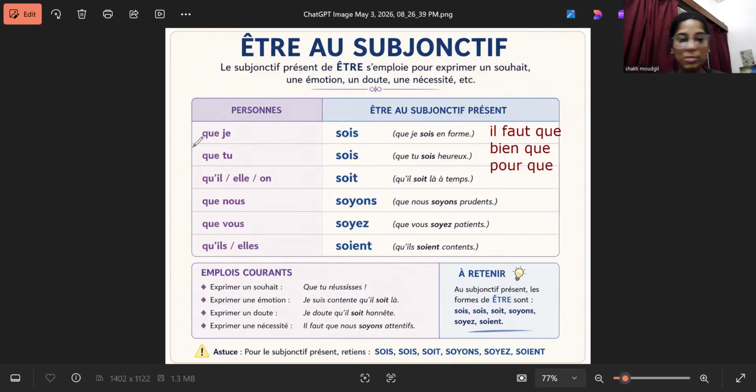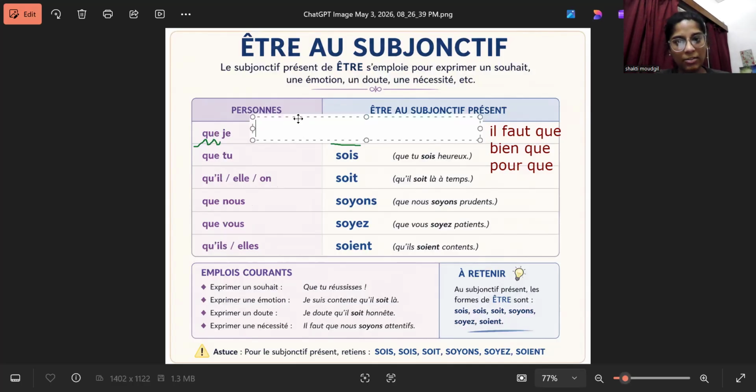Again, the subjunctive is conjugated with the que. So que je, que tu, que il, que elle, que on, que nous, que vous, qu'ils, qu'elles, etc. So être changes to sois, for je.